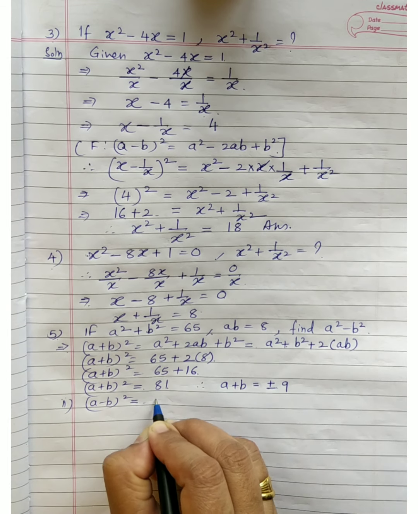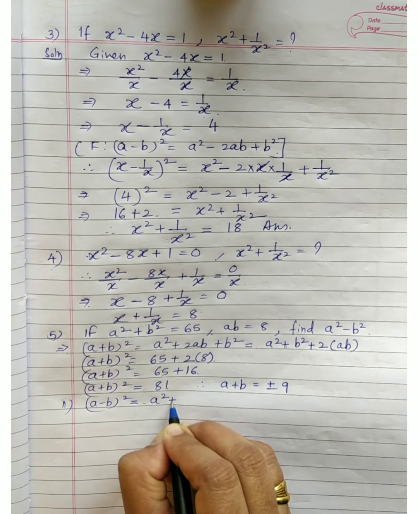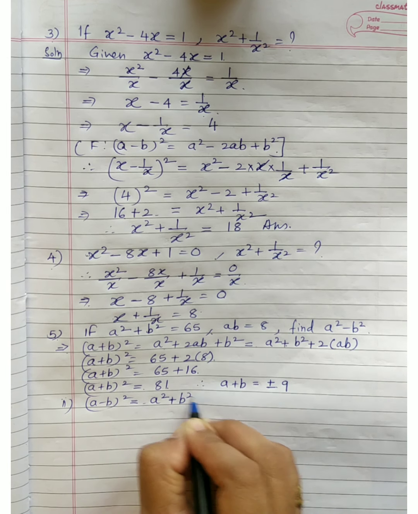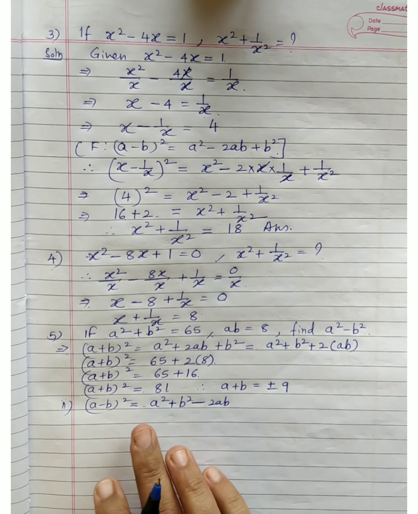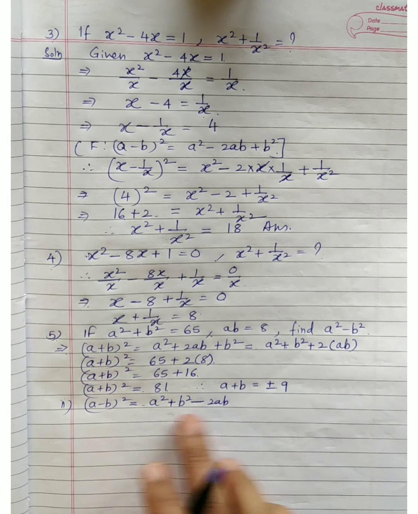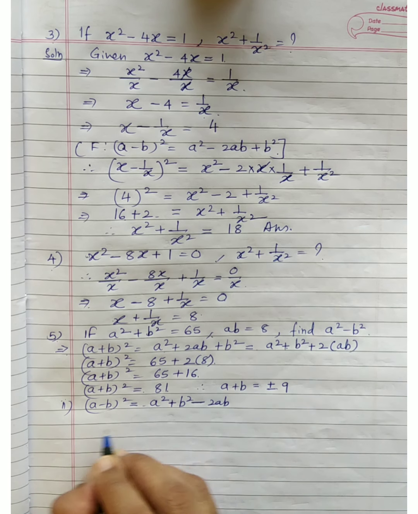Similar way you can find the value of a minus b the whole square. Now how I'll write the formula? A square plus b square, bringing first only minus 2ab, right? Our formula I have taught you a square minus 2ab plus b square, but you know why these changes are done.